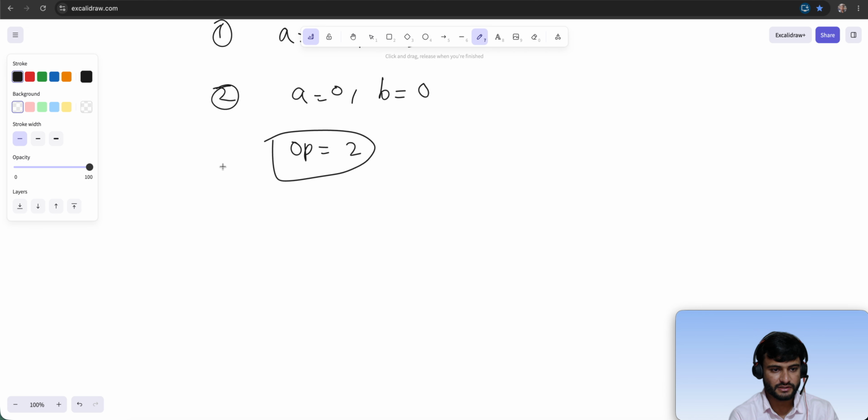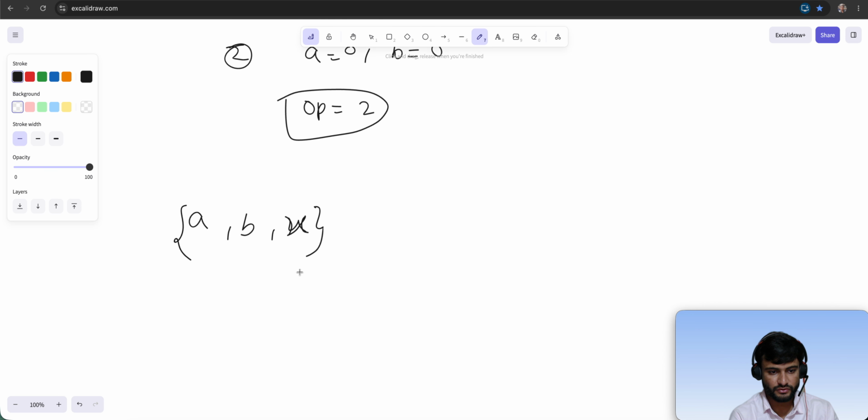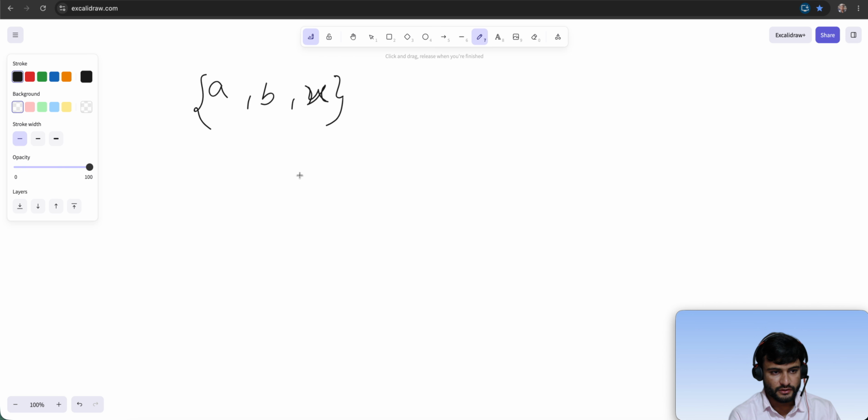If you talk about the general case, let's say a, b, x. So for now, assume a is less than b. For the optimal case, let's take an answer variable.